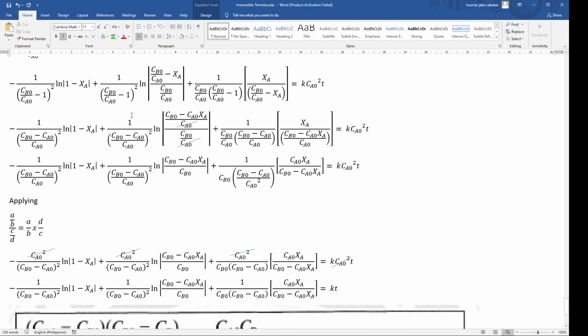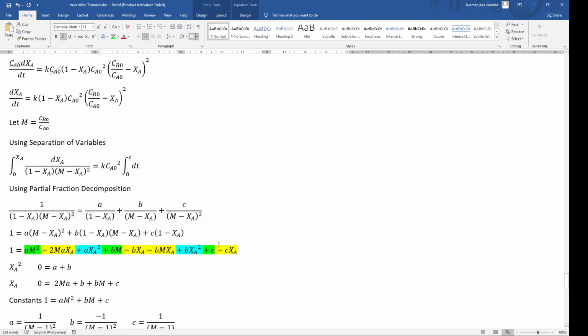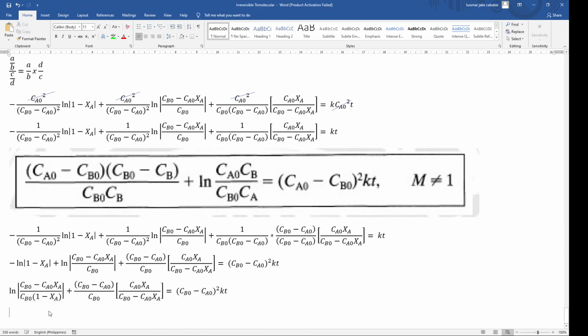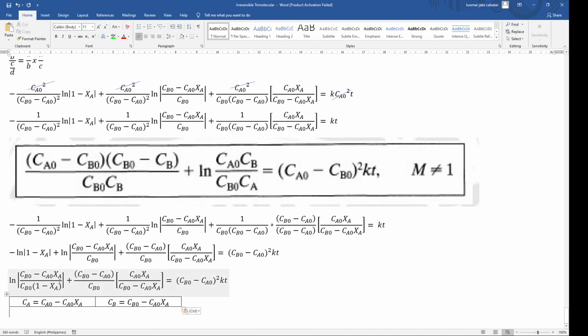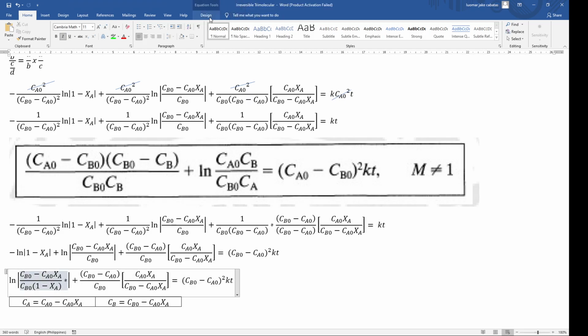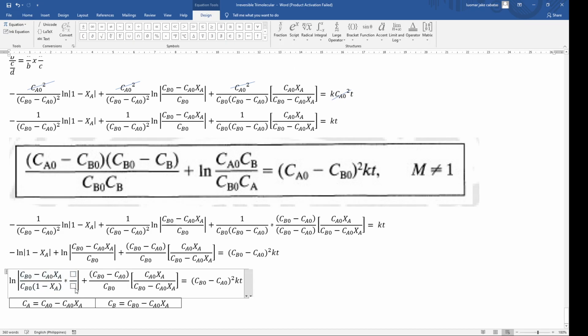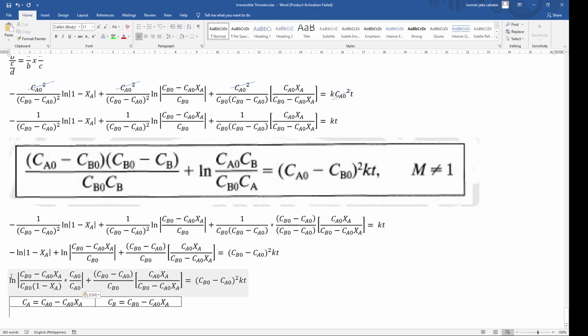So if you remember this, what we could do is multiply this with C_AO over C_AO.